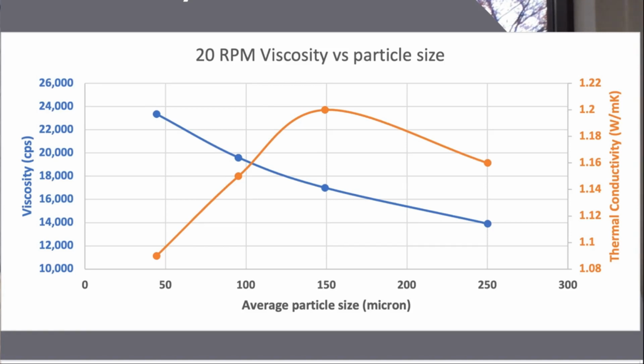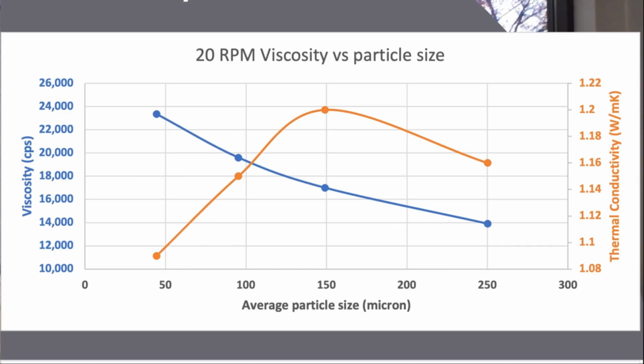But what's really interesting about this, I want you to look at the orange line. The orange line is the thermal conductivity. You see how we have a big hump in there? What that's showing you is that in this particular material, when you have an average particle size of about 150 microns, you have an optimization of the thermal conductivity.